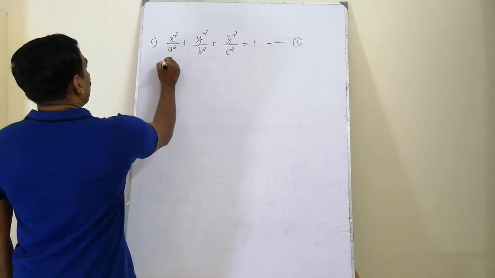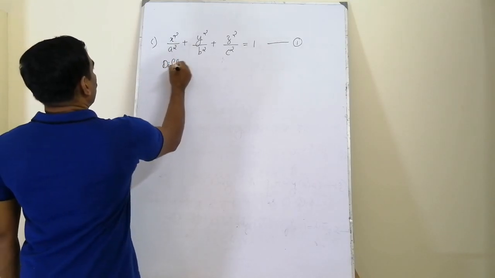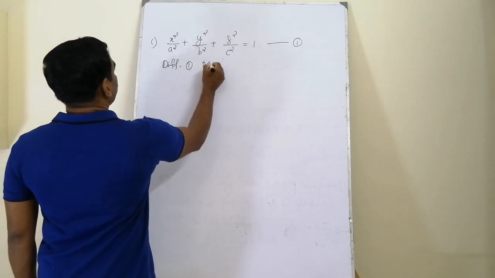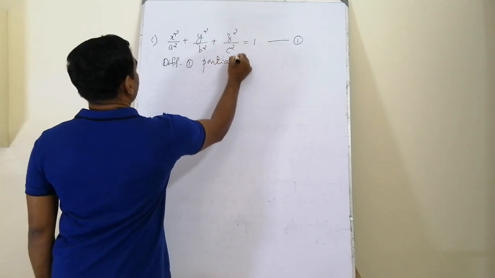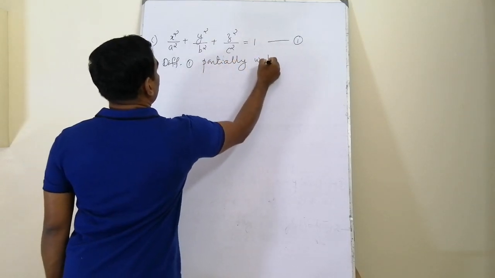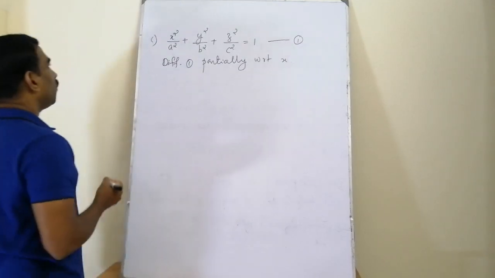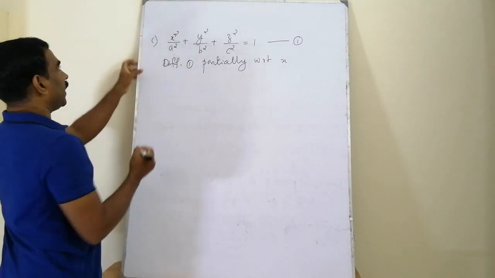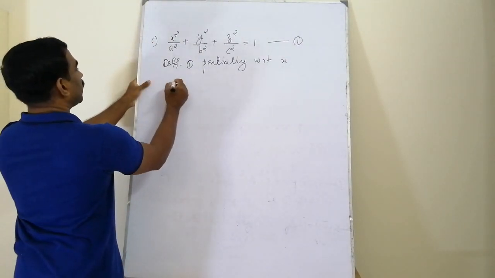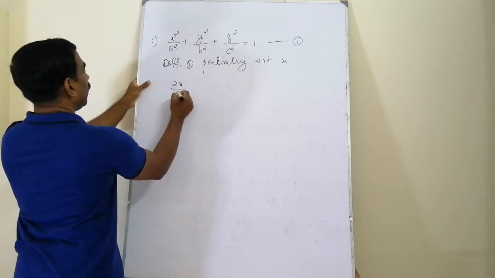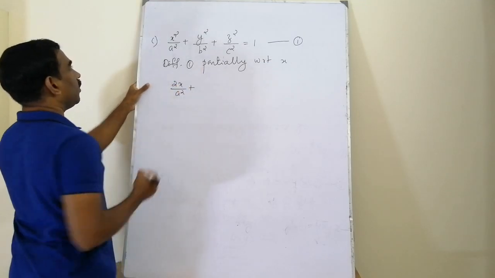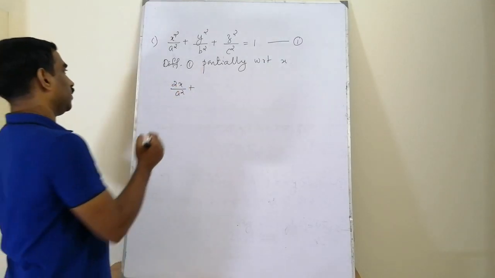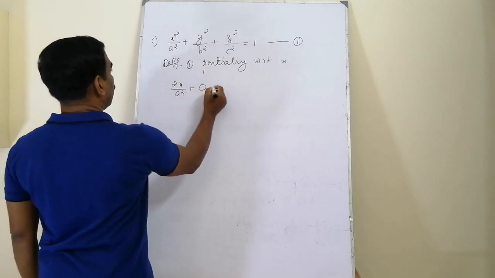So first of all, we are going to differentiate equation number 1 partially with respect to x. So the first term, x square by a square, what is the partial derivative with respect to x? That is 2x by a square. And the second term doesn't contain x, so it is independent of x, so the derivative is 0.